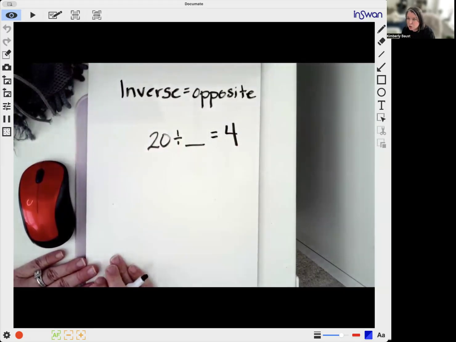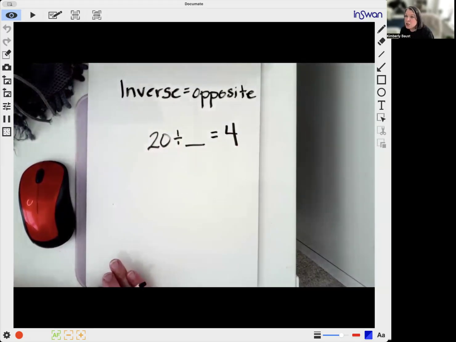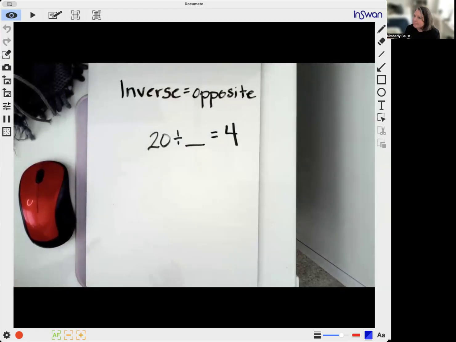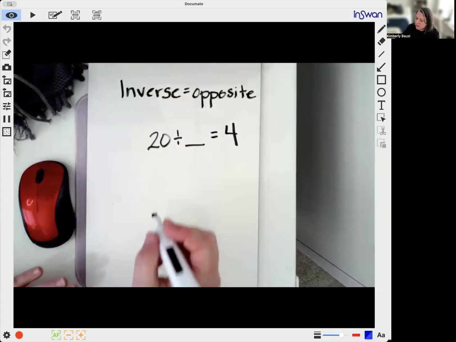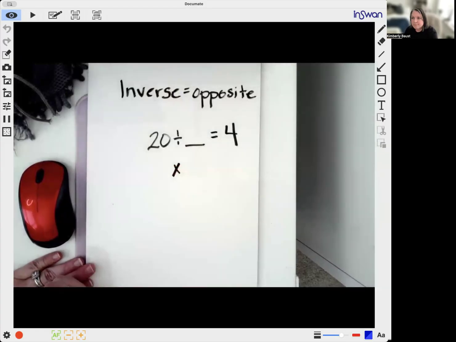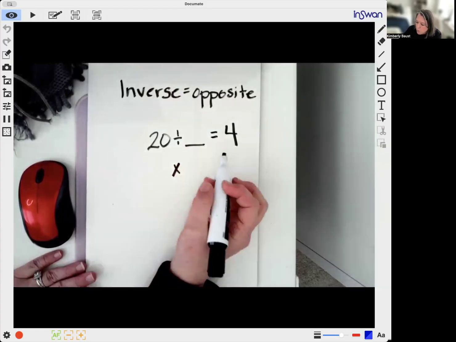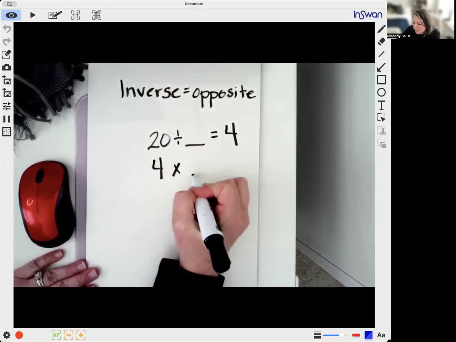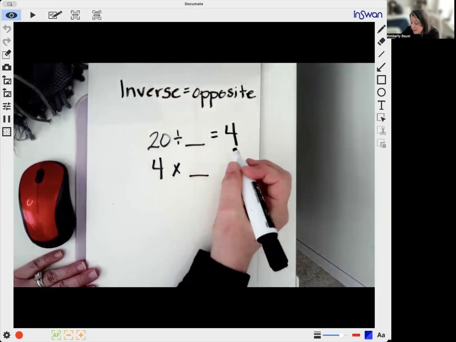And I asked you to use the inverse operation to solve the problem, okay? What's the inverse of division? Multiplication, right? So what 4 times something gives you the big number, right?